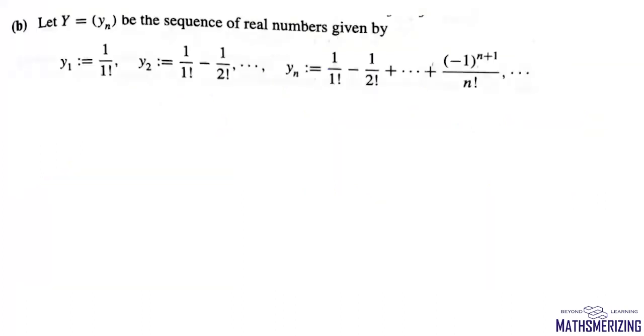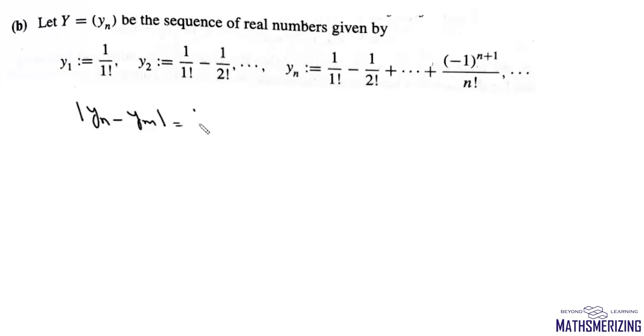Now let us take another question. Let yn be a sequence of real numbers given by y1, y2 and so on up to yn, and we need to show that this sequence is a convergent sequence using Cauchy's criterion. Now we find mod yn minus ym.